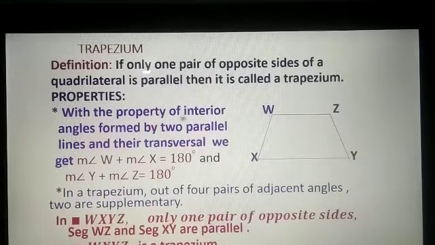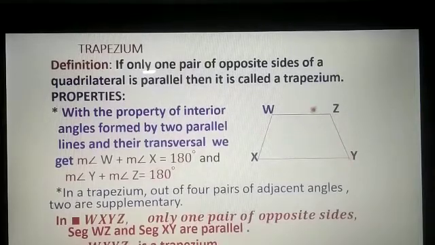So with the property of interior angles formed by two parallel lines and their transversal, we get measure angle W plus measure angle X is equal to 180 degrees and measure angle Y plus measure angle Z is equal to 180 degrees.